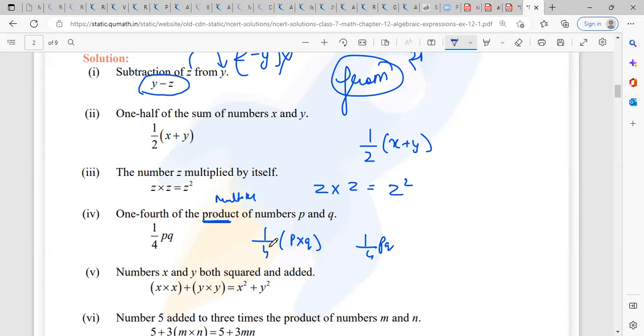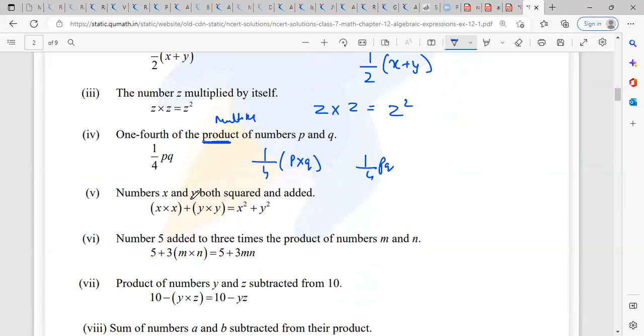Then next, number x and y both squared and added. So number x and y, they are squared and then they are added. Then fifth, number 5 is added to 3 times the product of number m and n.